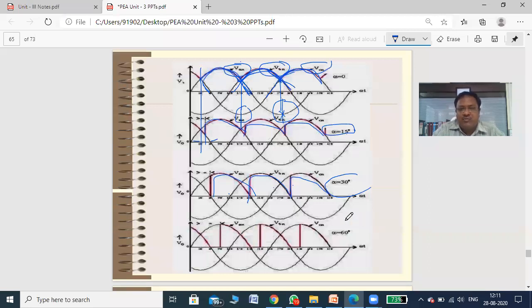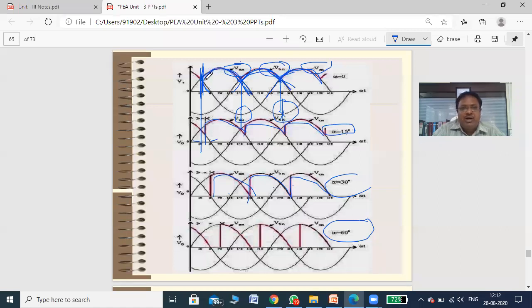But if alpha is greater than 30, it means that the total alpha is greater than 60. How? The minimum alpha is 30. See here, the first waveform, minimum alpha is 30, because till 30, the thyristor T1 will not conduct, because the already conducting thyristor T3 will turn off the thyristor T1.